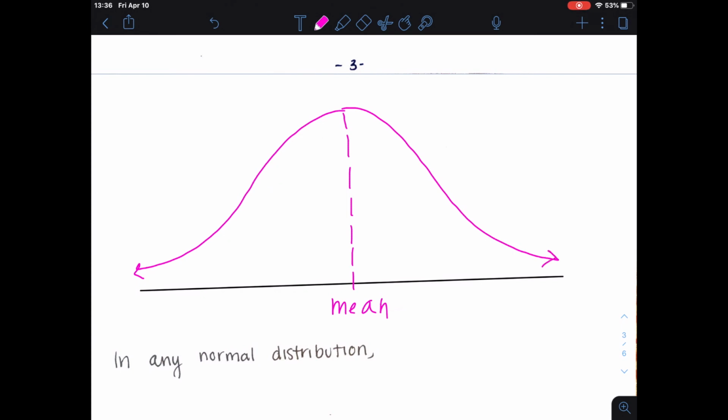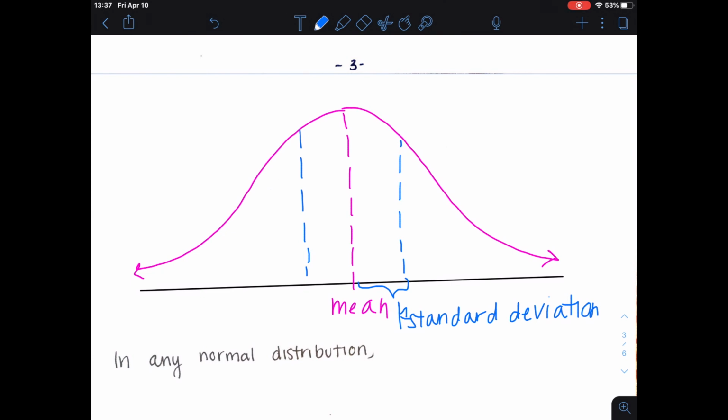We have something that's called a standard deviation where you branch off from the mean. So if I go over one standard deviation on each side, this distance is going to be a standard deviation. And in this case, it's a single one.